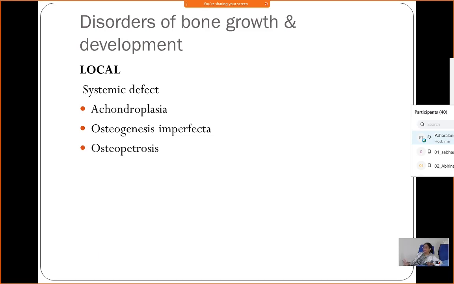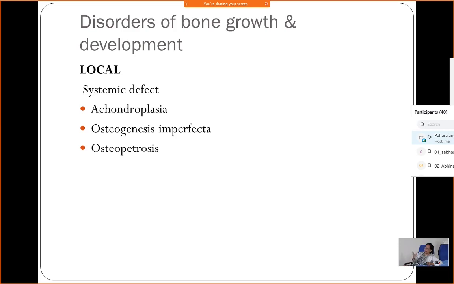Then we have a rare disorder called osteopetrosis. Petra stands for stone. That means the bone becomes stone-like, and it is also called marble bone disease. This is also a genetic defect where there is osteosclerosis to the extent that the bone becomes so hard that the medullary cavity almost disappears, and though it is stone-like, it can still fracture.